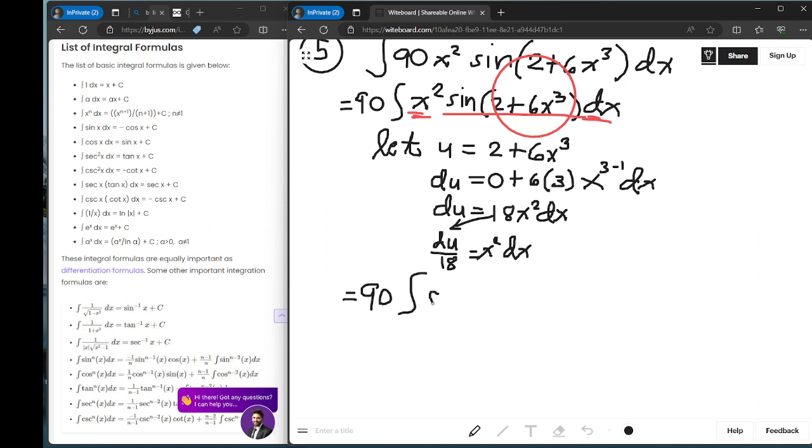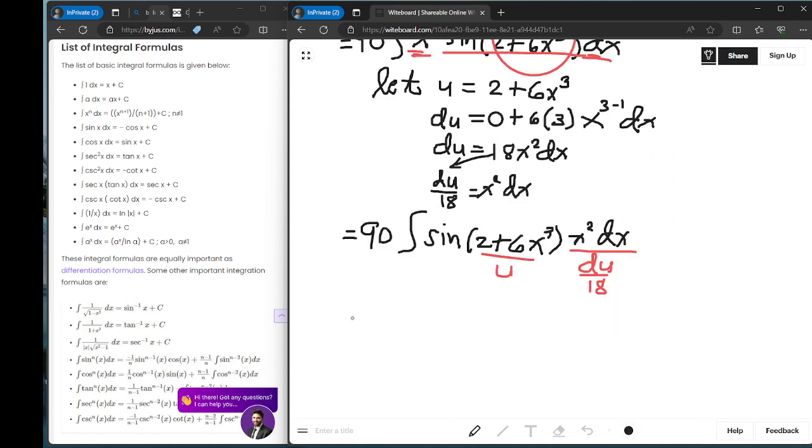So we'll have sine of 2 plus 6x cubed, then that will be x squared dx. So this part here is our u, and this part would be our du over 18. So substituting this, it becomes 90 times the integral of sine of u, then you have here du over 18.